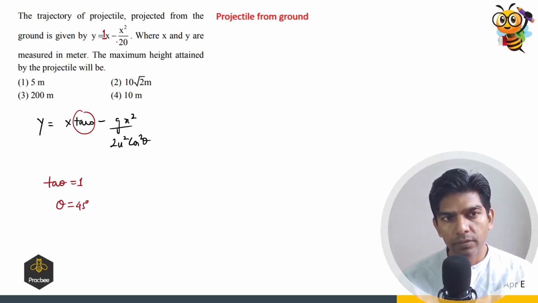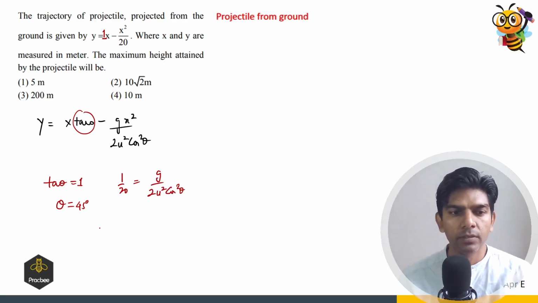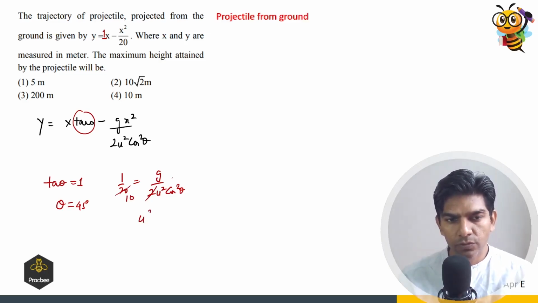Now let us compare the coefficient of x square. So 1 by 20 is equal to g by 2 u square cos square theta. Right? And we have to find the maximum height attained. Now from this, I'm taking g as 10. So this will give us 10, so u square, and theta is 45, so cos square theta will be 1 by 2, equals 100.